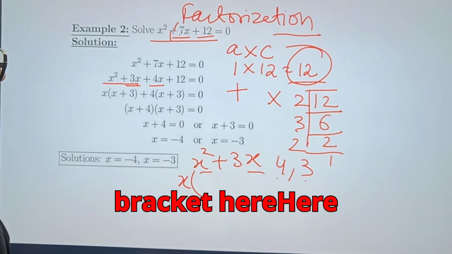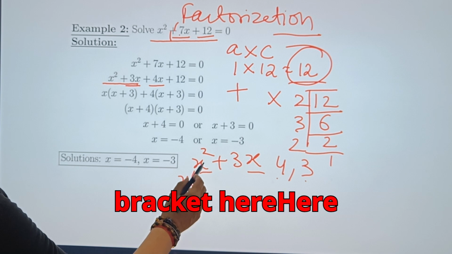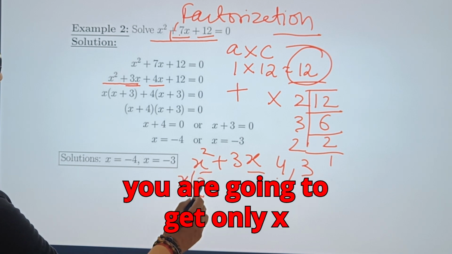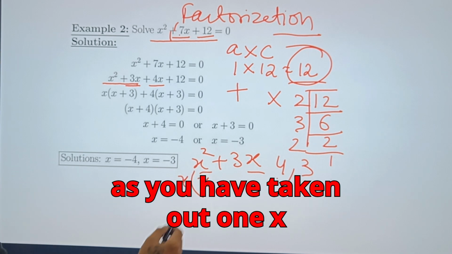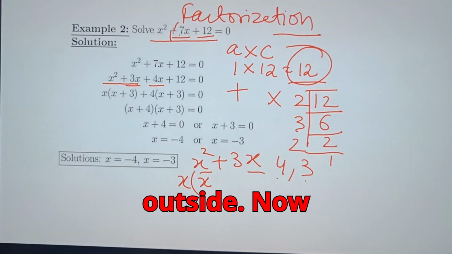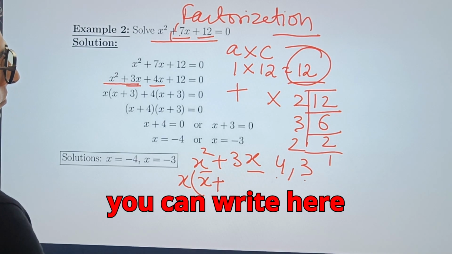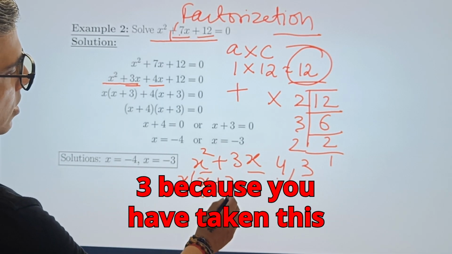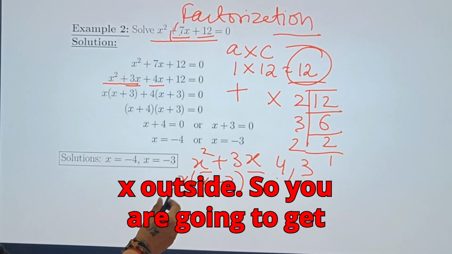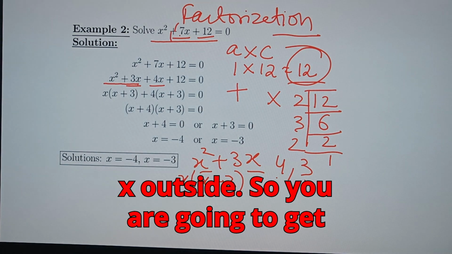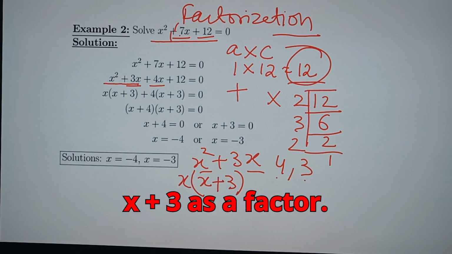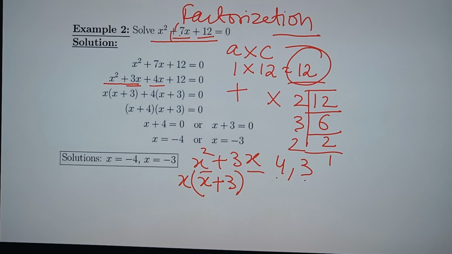Now put a bracket here. Here you are going to get only x as you have taken out 1x outside. Now you can write here 3 because you have taken this x outside. So you are going to get x plus 3 as a factor.